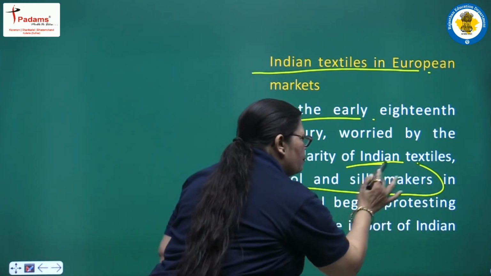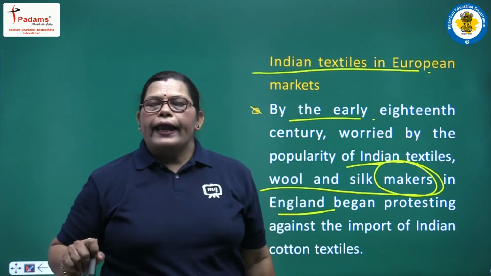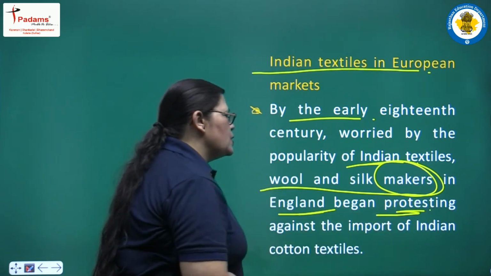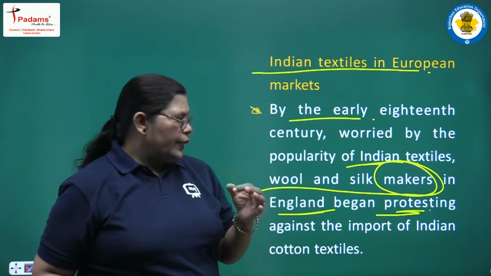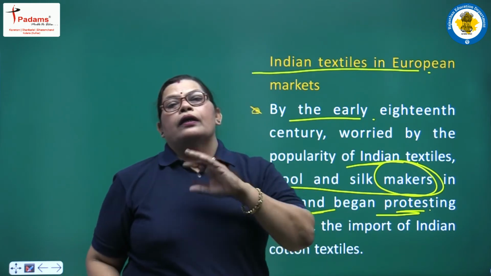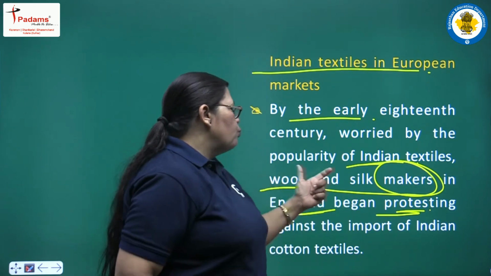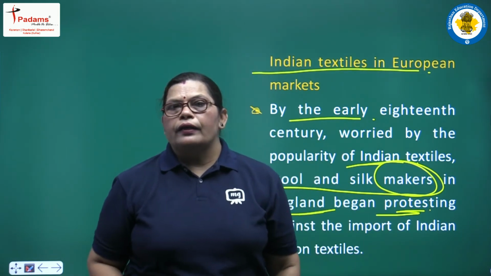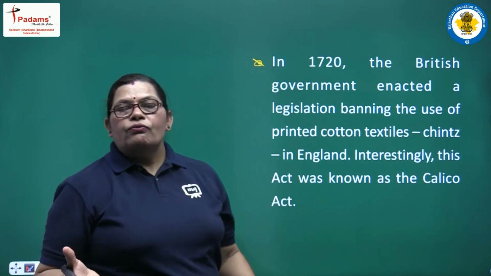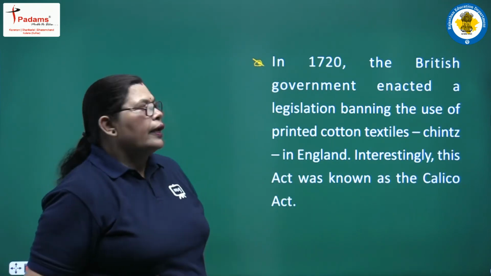Wool and silk makers in England began protesting against the import of Indian cotton textile, because when these were imported into England, their material was not sold. So they were against the import of Indian cotton textile in England.